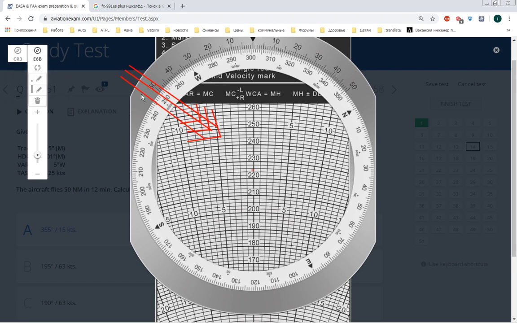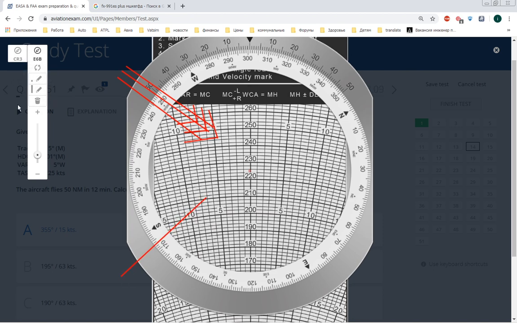So okay, we have wind from this direction. Actually, it could be from this direction. It could be, but let's think about which direction we will choose, this one or this one.